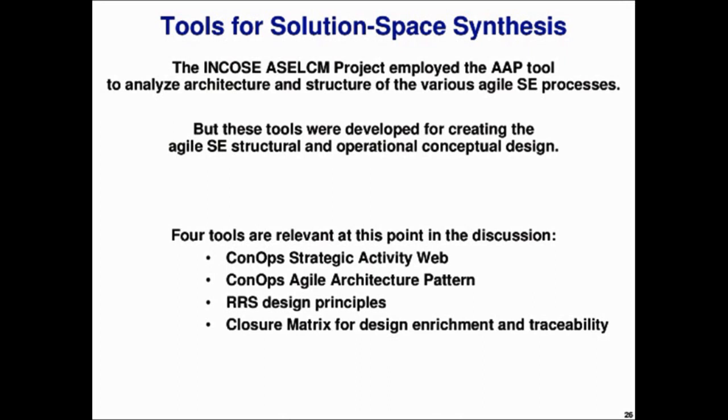And finally, we have something that resembles the house of quality, which I'll call a closure matrix for design enrichment and traceability, to make sure that all the issues that were identified, in fact, are dealt with in activities that are embedded in the process and employ agility enabling principles, which are those RRS principles. And we'll see what that looks like in a bit.